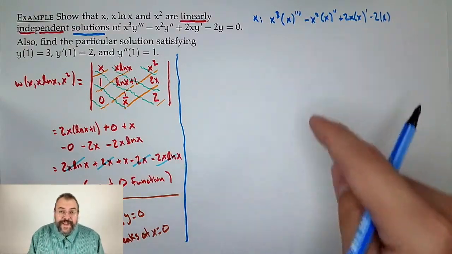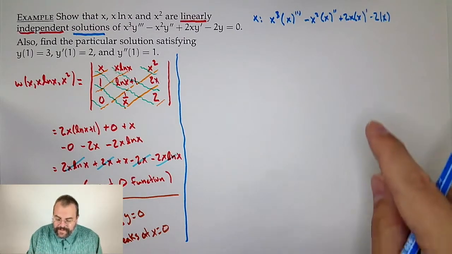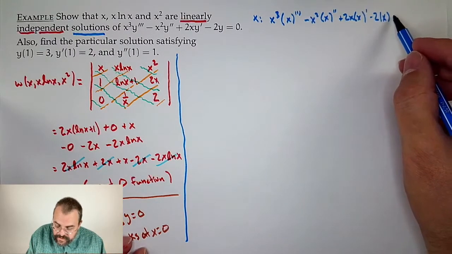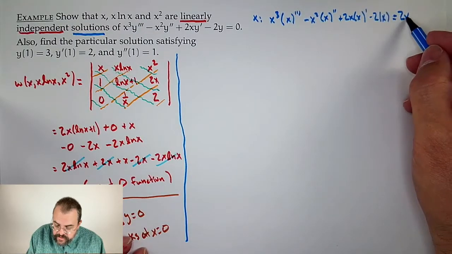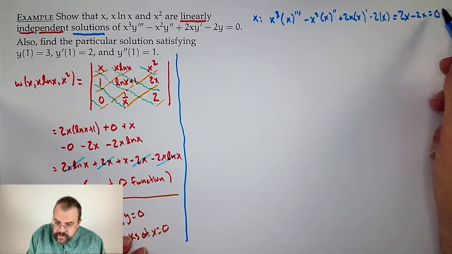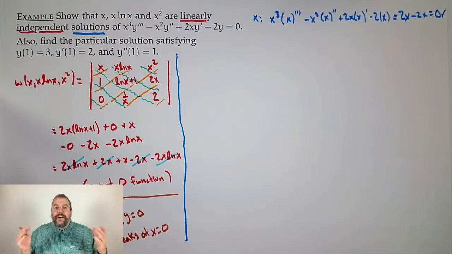The second derivative of x is 0. It's very easy to take derivatives of x. The first derivative of x is 1. So what we have is 2x times 1 minus 2x from here, and that equals 0, which means, yes, x is indeed a solution.